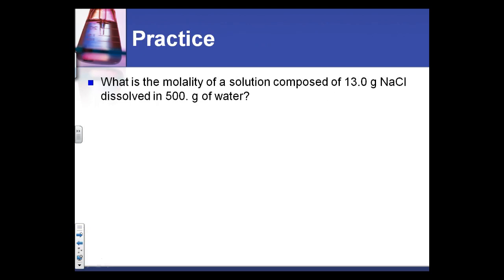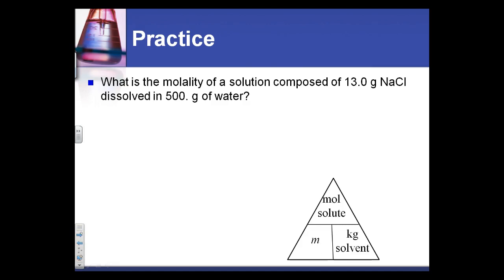So the first one is a molality problem, and again, with molality problems, the first thing that you want to do is decide what your solute and your solvent is. We can use our triangle for this. In this case, it says, what is the molality? So this is what I'm looking for, so I cover that up.